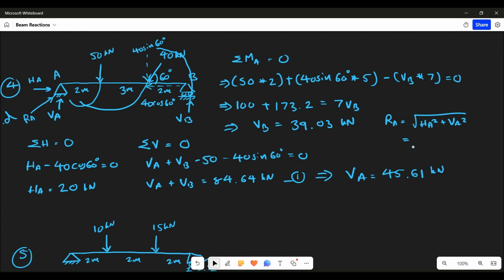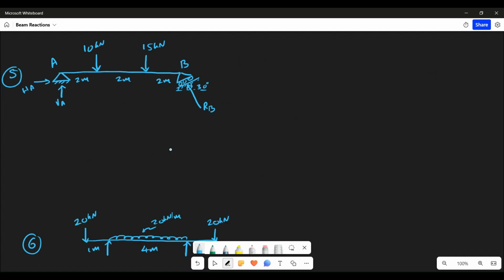Calculating it, you will get 20 squared plus 45.61 squared, and root. I'm getting this as 49.80 kilonewton, that is RA. And then you can call this RB. This is RA and RB. Because there is no horizontal component at B, VB is your RB only. Okay, so let's move on to the next example.